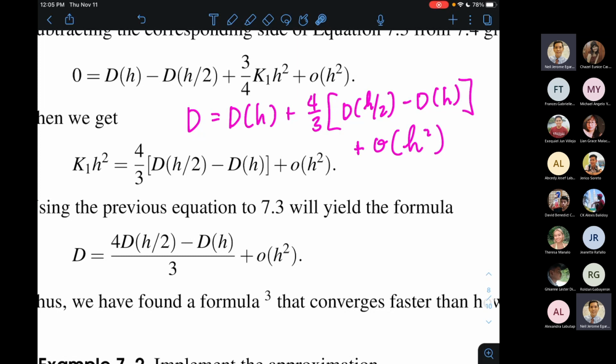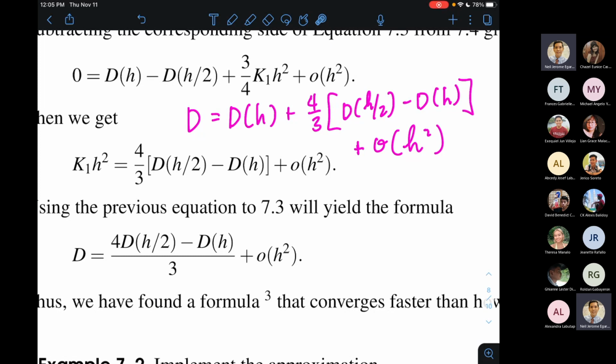Tapos nakita nyo na ang order of convergence nung optimization routine nyo ay big O of h squared. Pwede nyo itong gamitin. So yung D of h, yung approximate nyo using h over 2, and then ito yung approximate nyo using step size h. Madali lang. 4 times yung approximate using the smaller step size minus the approximate using the larger step size all over 3. Yung bagong sequence na makukuha nyo, magko-converge ng mas mabilis kaysa kay h squared.